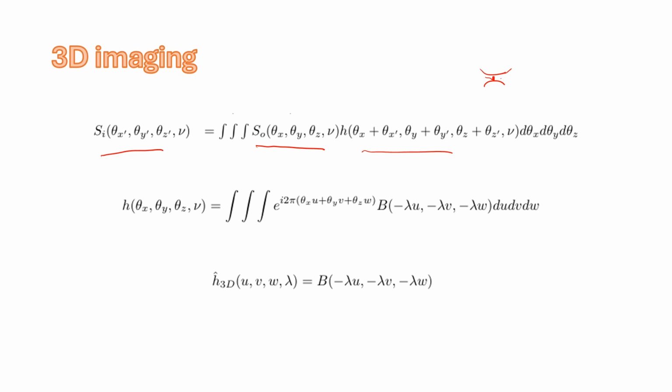This impulse response was the Fourier transform of the band volume function that we defined a couple of episodes ago. If we take that three-dimensional transform of the impulse response, the band volume is the modulation in these projective coordinates in Fourier space on the object distribution that we get.